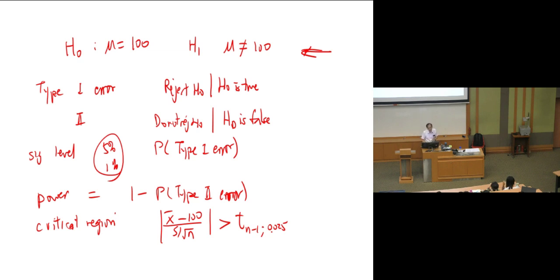Whenever I get a sample, I calculate x bar and the sample variance, and then substitute in this formula and take the absolute value. If I find that this number from the sample data is bigger than the critical number, then I make a decision, which is to reject the null hypothesis. Why reject it? Because this quantity is supposed to follow a t distribution with n minus 1 degrees of freedom.